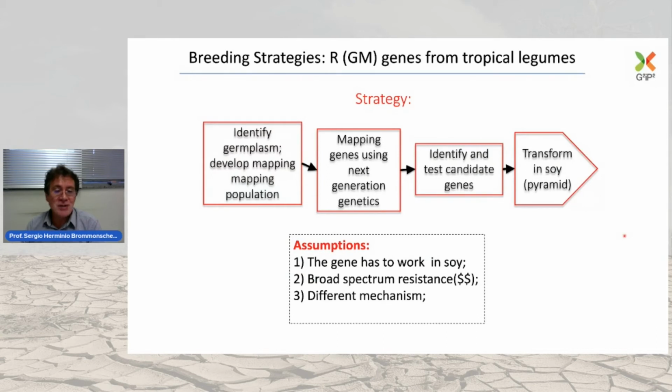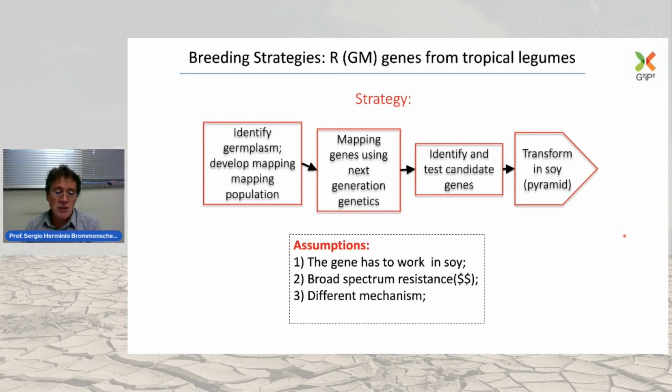Nowadays we can use what we call next generation genetics, using all this new sequencing technology to develop markers and to map the genes, to find genes that are very close to your target gene, and use this information to identify and test candidate genes. And then you can transform soybean, okay?